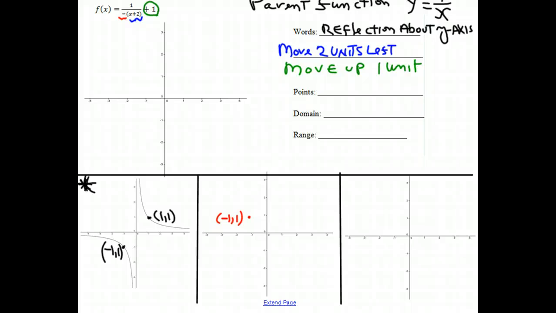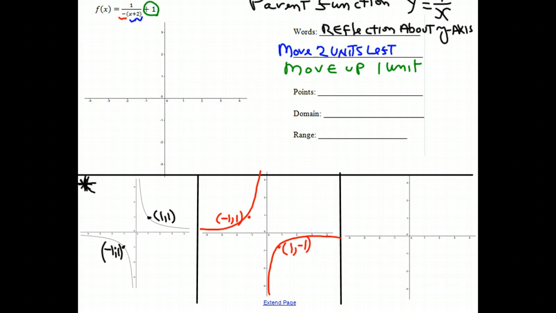I do see a mistake: our original parent function point was at negative 1, negative 1. Don't want to make mistakes. And that point, when it gets reflected about the y-axis, ends up at positive 1, negative 1. And now we can sketch our graph. Make sure it goes through those 2 points.